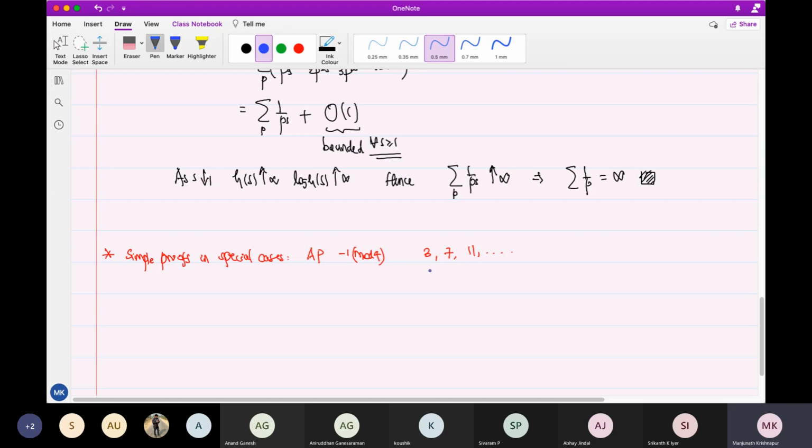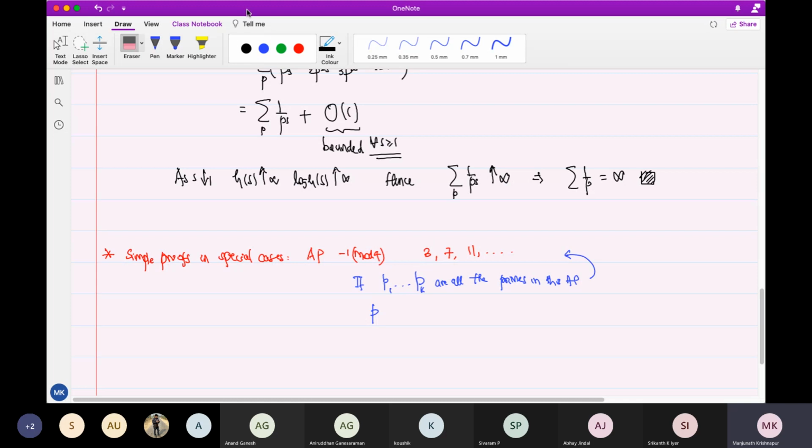So here, if there were finitely many primes in this arithmetic progression, you do it like before. P1 is not 2, since 2 is not there in that.